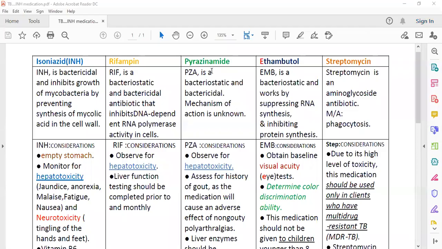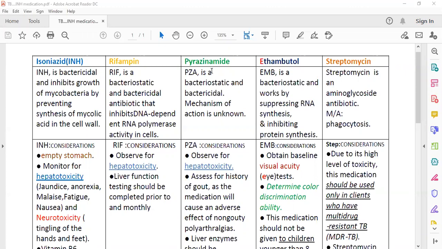So in this table, we are going to trace out antitubercular drugs, right? TB or tuberculosis is an infection of the lung caused by Mycobacterium tuberculosis, the organism name.